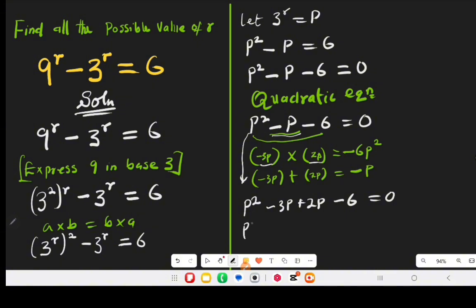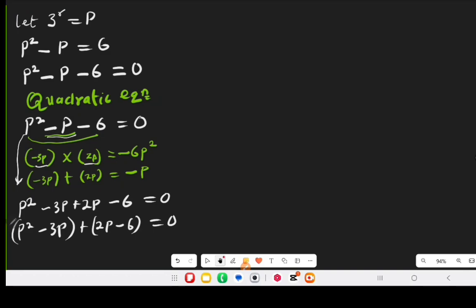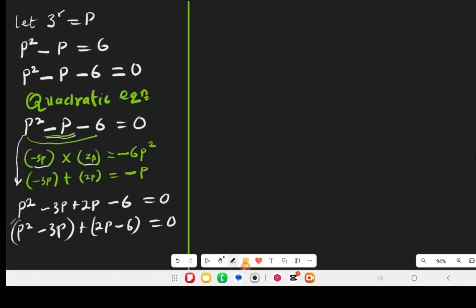We have p squared minus 3p in brackets, plus 2p minus 6 in brackets, equals 0. Then we move further. We look for what is common. What is common is p into p minus 3, plus what is common in this bracket is 2 into p minus 3, equals 0.